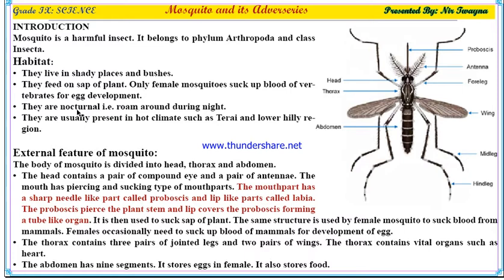But nowadays new varieties of mosquitoes have been introduced in Kathmandu Valley. Aedes mosquitoes, which cause dengue, are diurnal. That means they come out even in daytime. A big problem. They are usually present in hot climates such as Tarai and the lower hilly region.